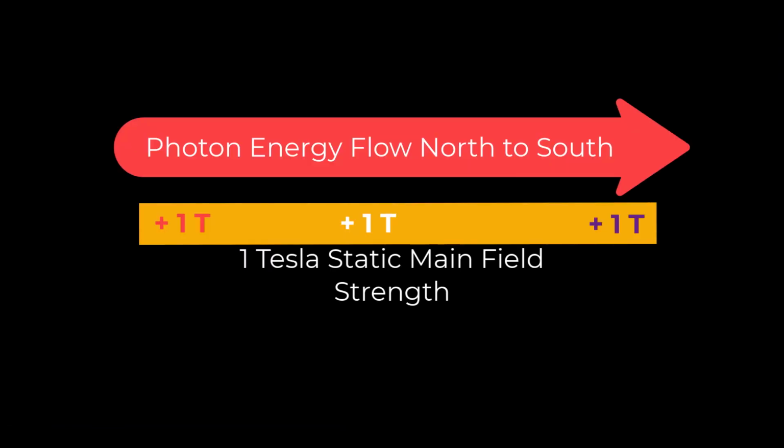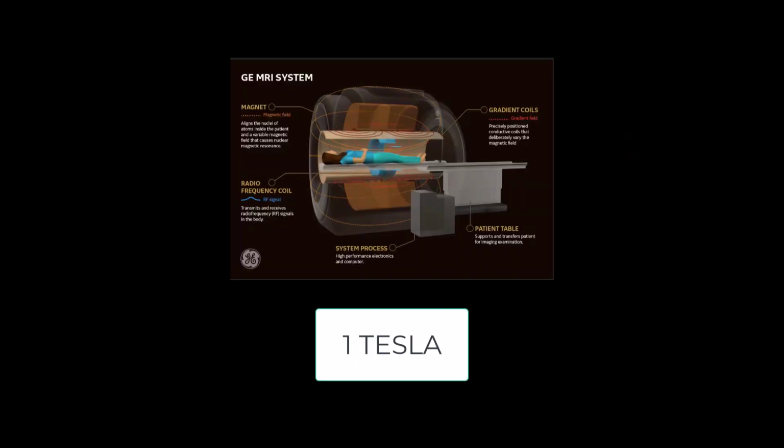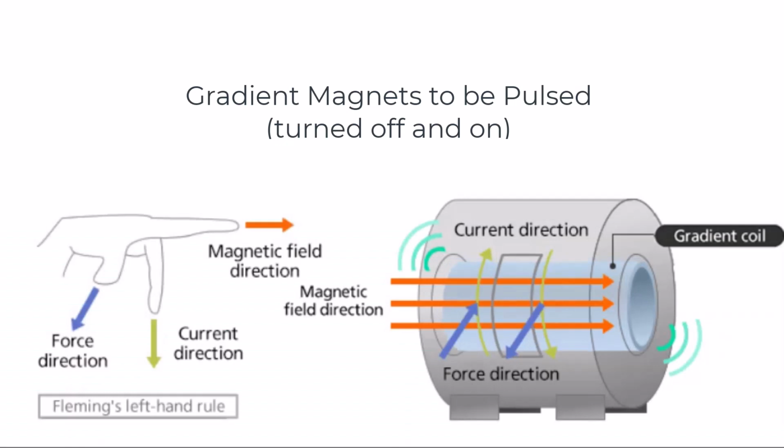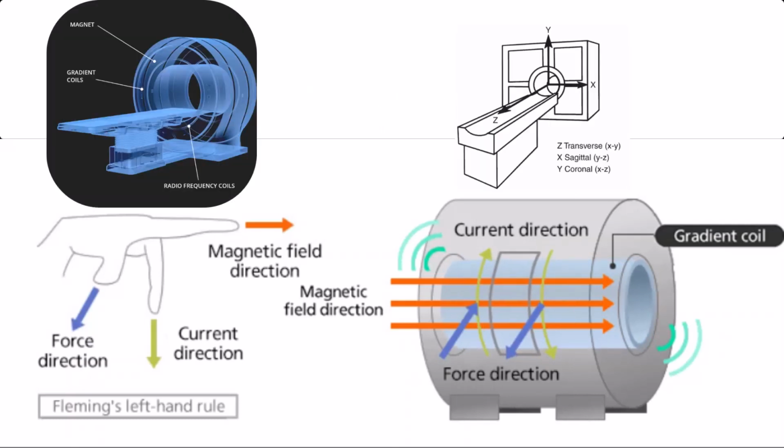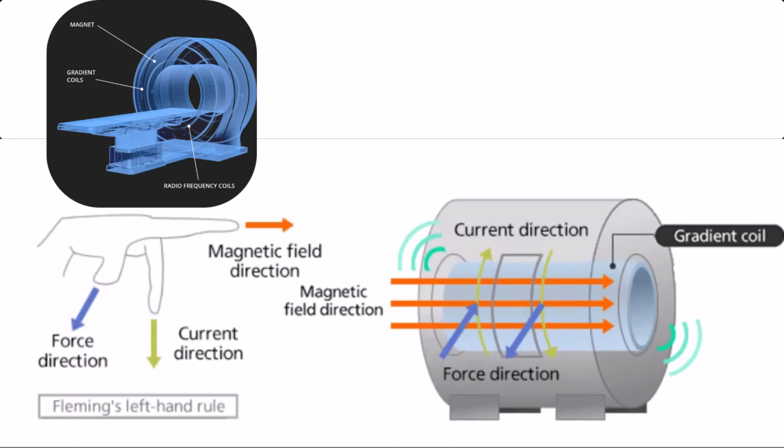Let's take a look at the main static field and its strength. The knocking sound you often hear is the movement of the gradient coils being turned on and turned off.